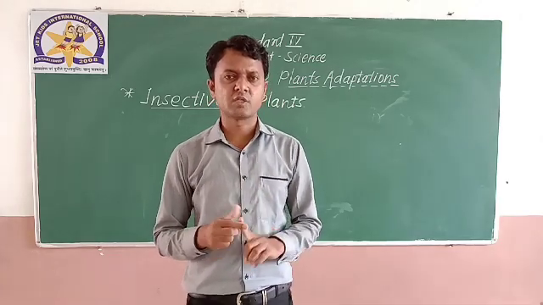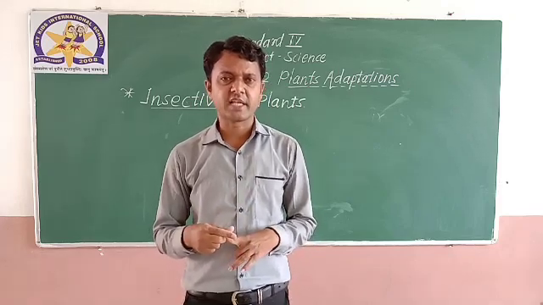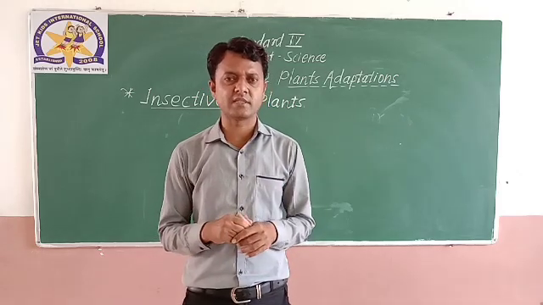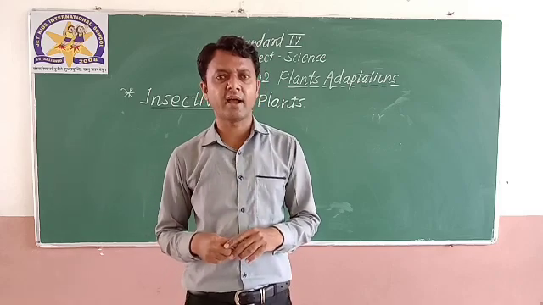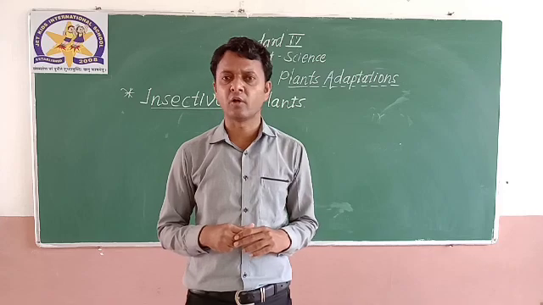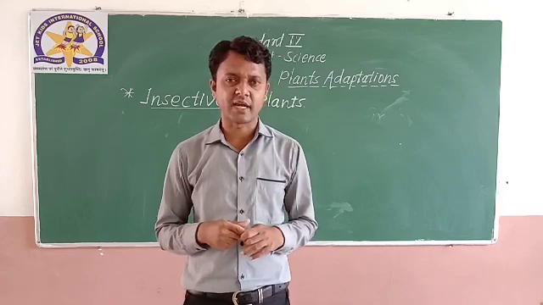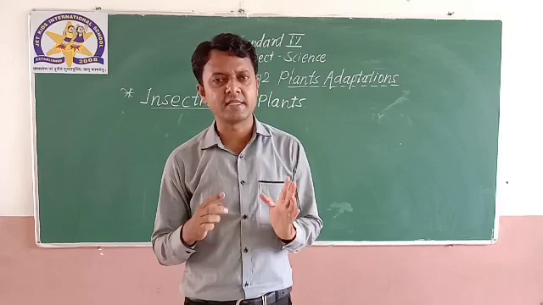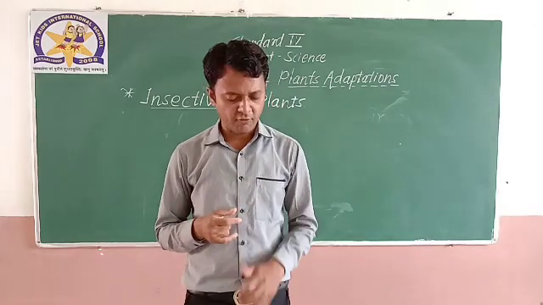First, the soil is poor in nutrition. And second, the trees are so close to each other and very tall in the jungle that they are not receiving enough light for photosynthesis. So they are helpless. They cannot make their own food by photosynthesis, so they depend on insects. They feed on insects. Such plants are called insectivorous plants.